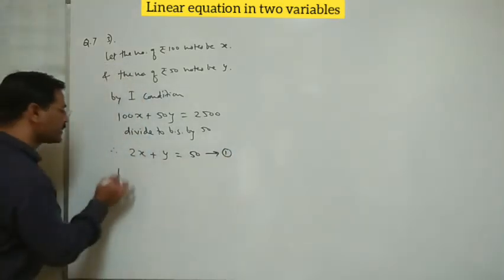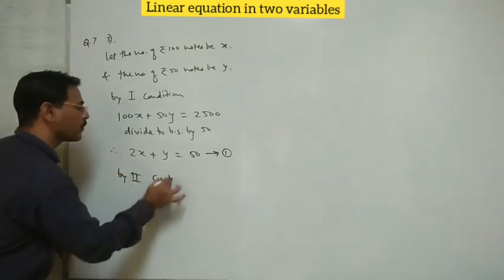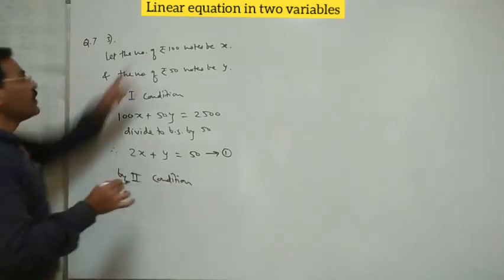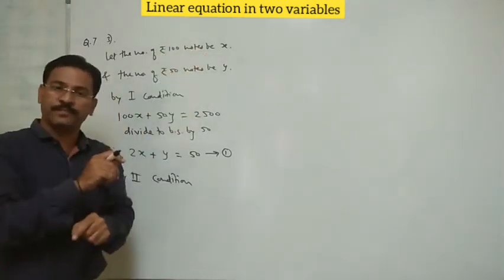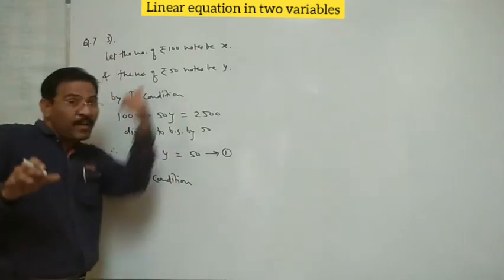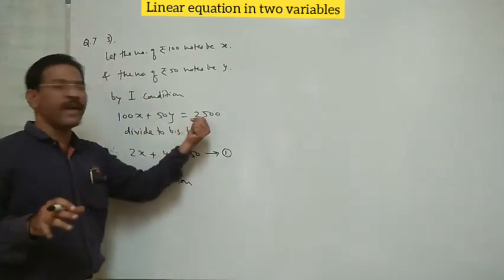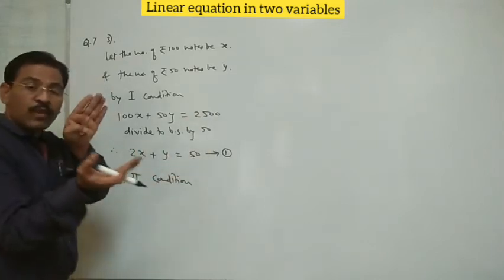Now by the second condition, if these denominations were interchanged, she received from Anand 500 less than the previous one. Means 2500, no, 500 less means 2000. Means she has to interchange.